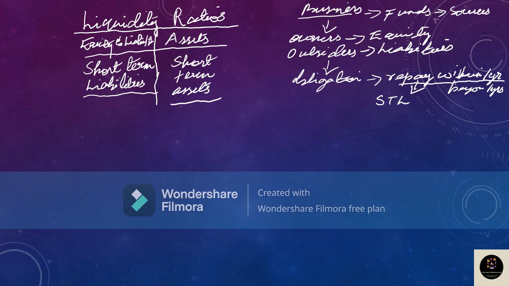And at the same time, an obligation to repay beyond 1 year, longer than 1 year, is long-term liabilities.